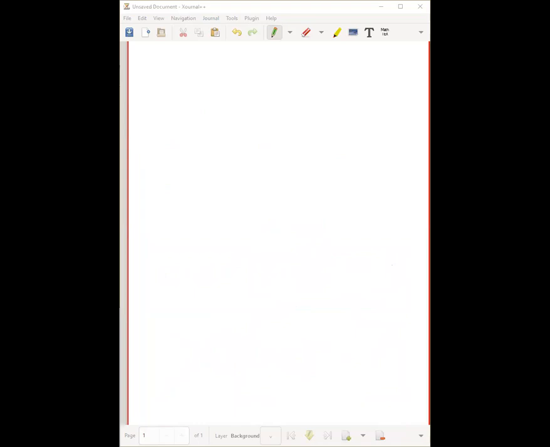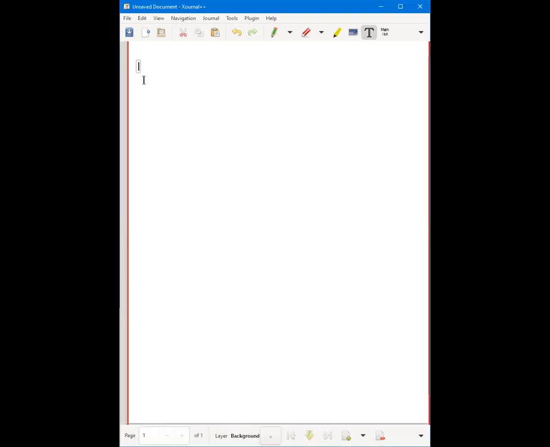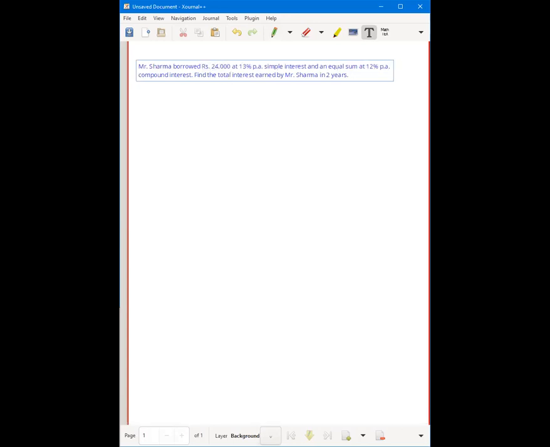Okay, let's do another one. Mr. Sharma borrowed rupees 24,000 at 13% simple interest and an equal sum at 12% compound interest.